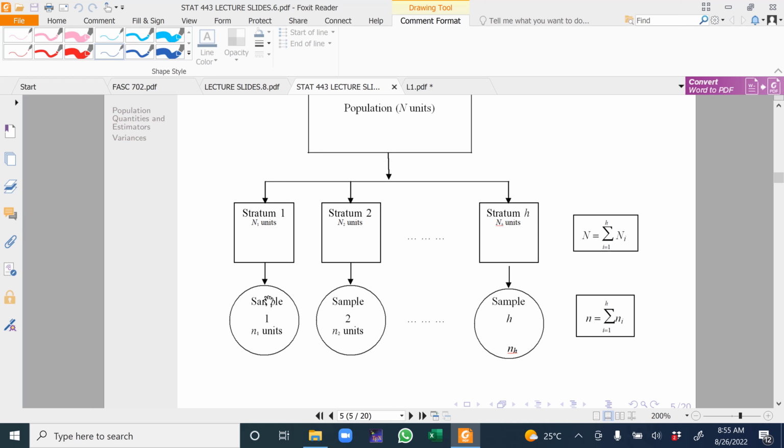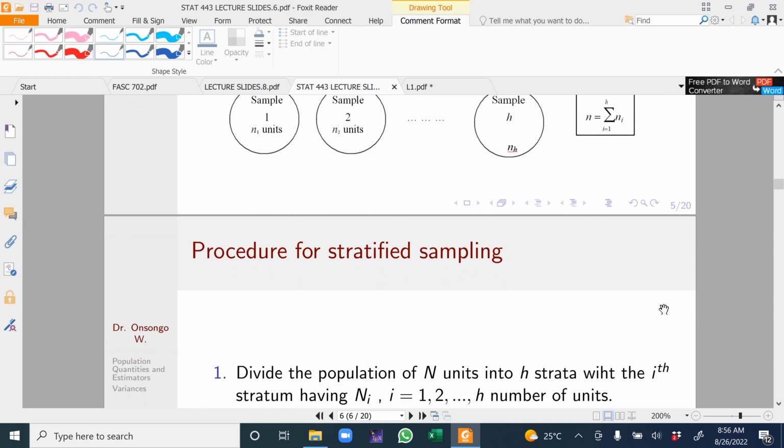Each and every unit in each sample has to be enumerated or observed. Sample 1, all units will be observed. Sample 2, all units will be observed, all the way to sample H, where all units are also observed. That is how you classify your population before you can proceed to conduct your census.